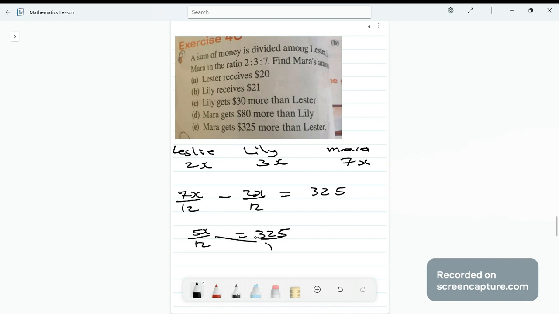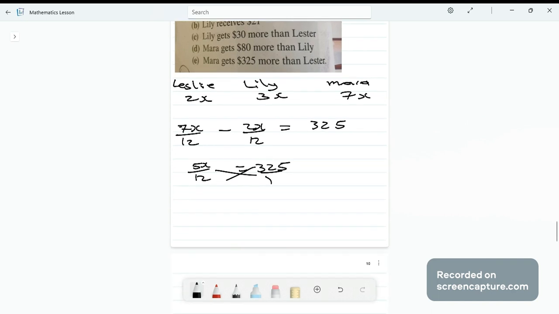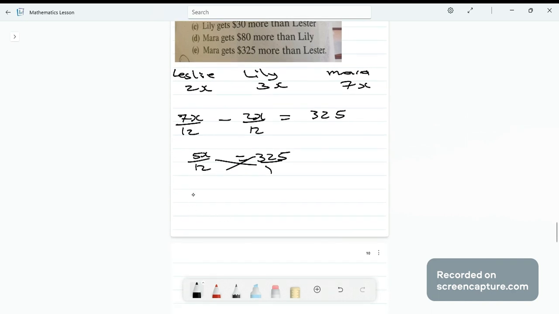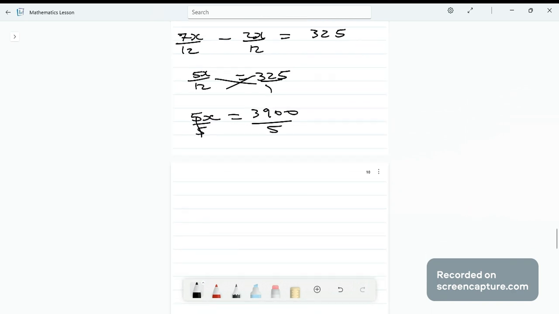Then our 1 in the denominator. 5x times 1 gives us 5x. And 12 times 325 gives us a lovely 3,900. Dividing through by 5 to make x be the variable there, 5 into 3,900, x will be equal to 780.